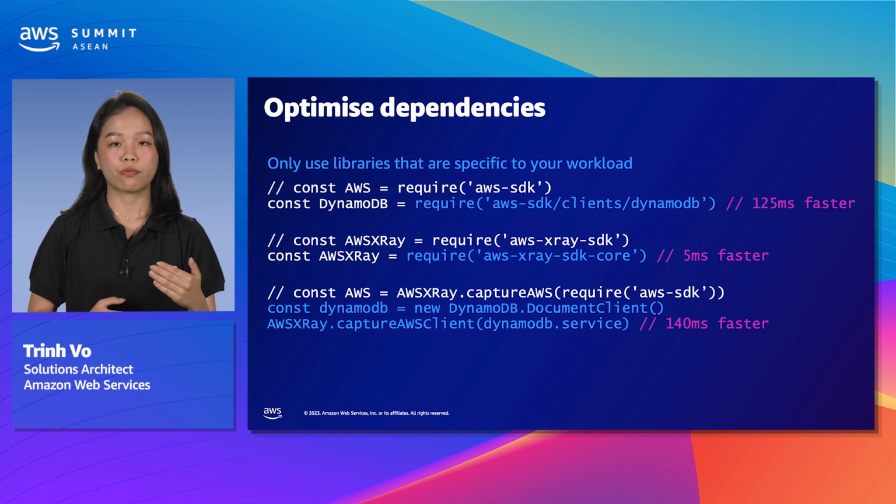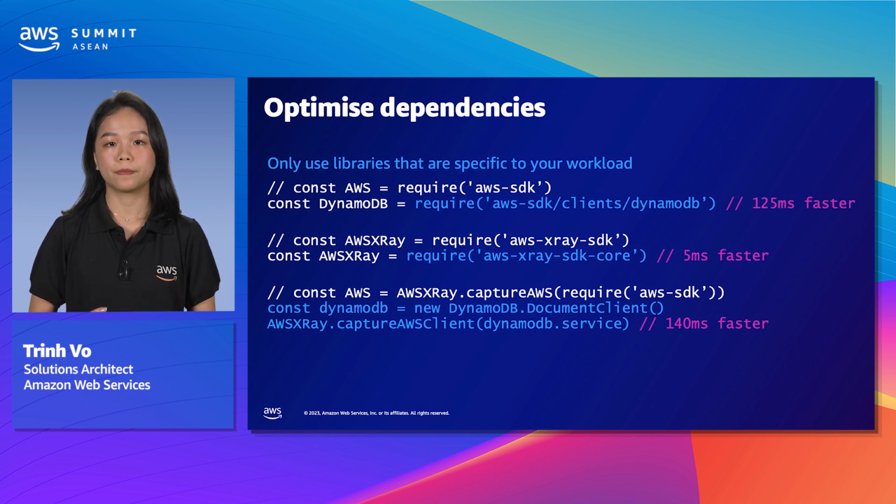Similarly, for X-Ray, by adding -core to the package name parameter in require, it saved 5 milliseconds. Especially for X-Ray, if we become more specific with the reference, for instance, when using document client, it saved up to 140 milliseconds.